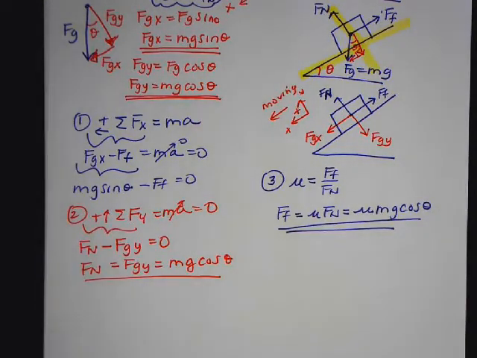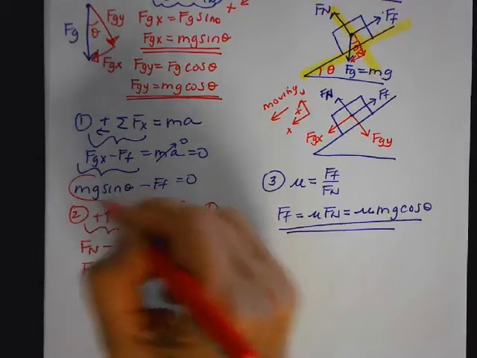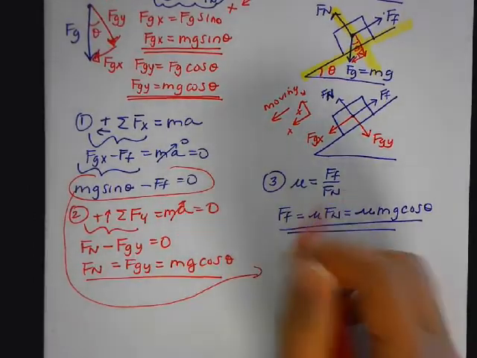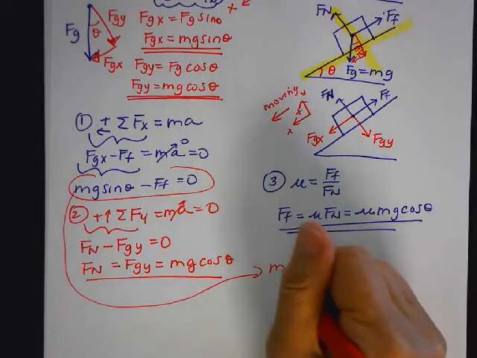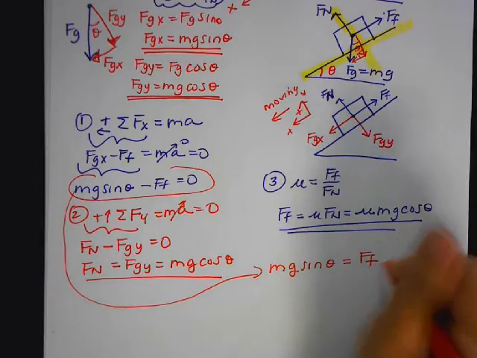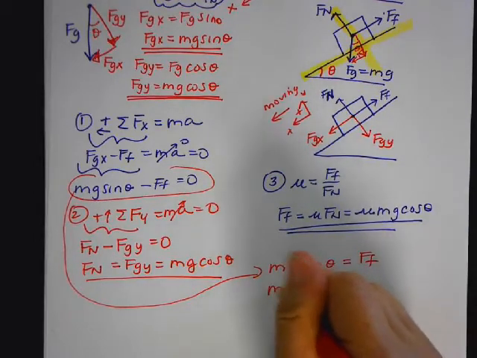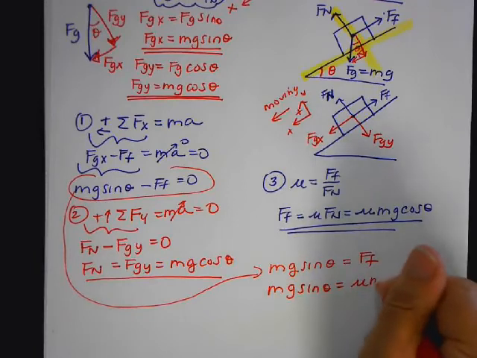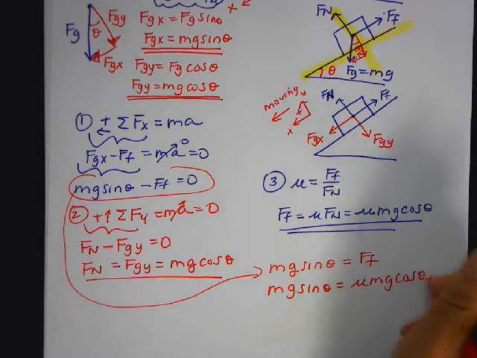So now, let me go back to this. Basically what I'm going to have is mg sine of theta is equal to F of f. But now I found F of f. So mg sine of theta is equal to mu mg cosine theta.